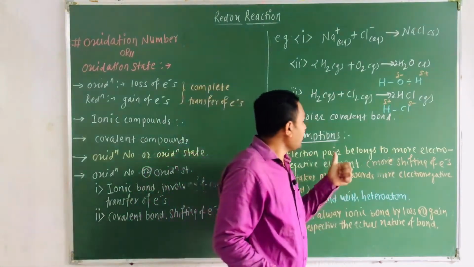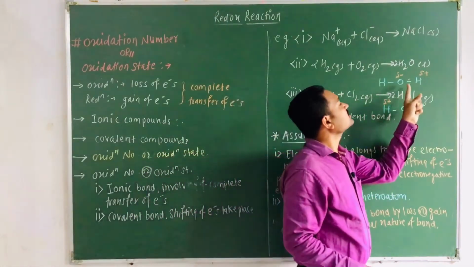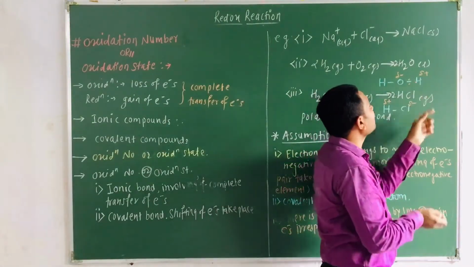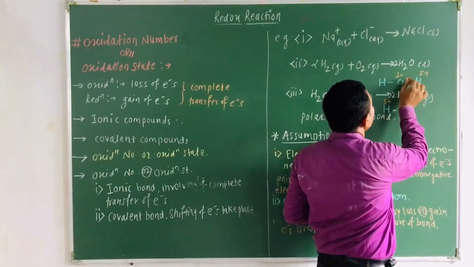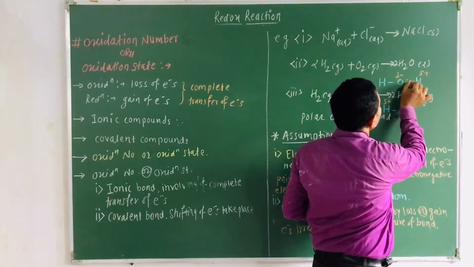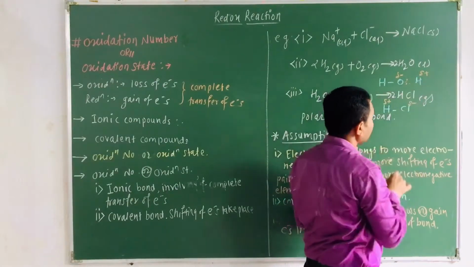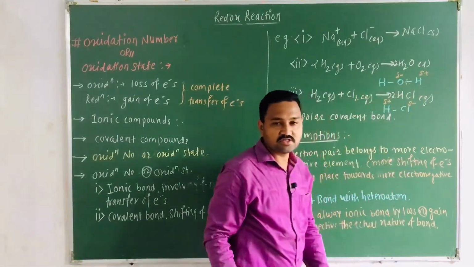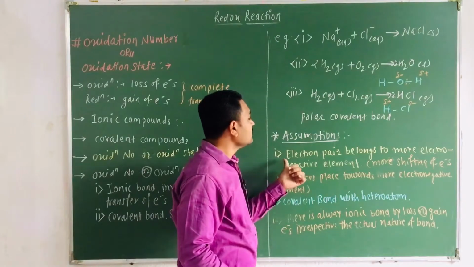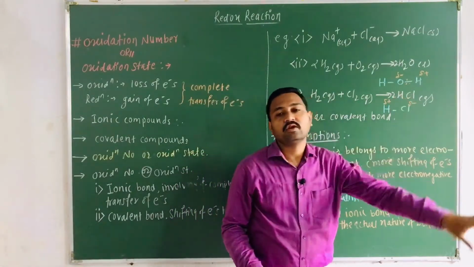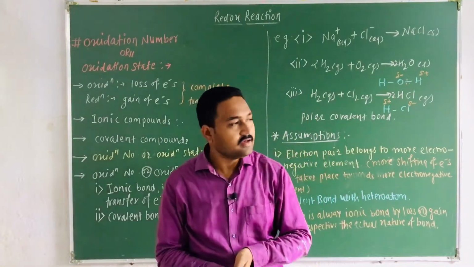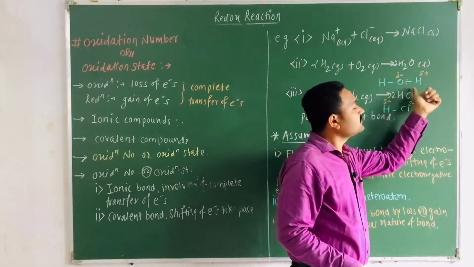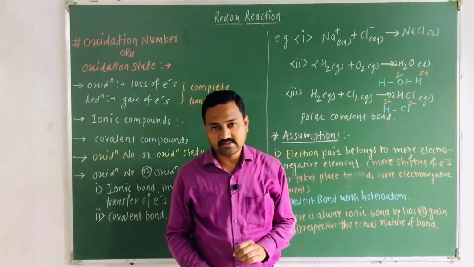But by studying these assumptions, we are saying that we know this bond is a polar bond, so the electron pair is shifted more towards the oxygen atom, and we are saying that this electron pair belongs to the more electronegative element. That means there is more electron density here, and less electron density there.